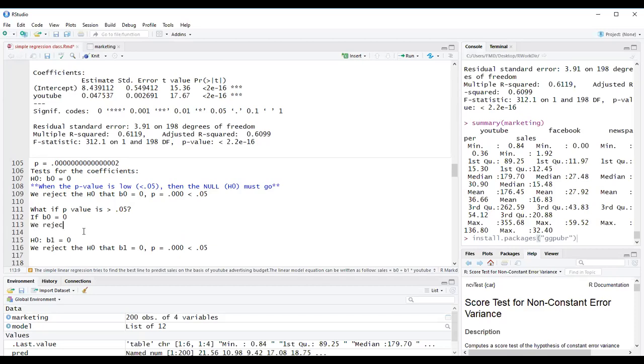We fail to reject the null hypothesis that b sub 0 is equal to 0. Okay, there's no strong statistical reason to believe that your intercept, your b sub 0, is not equal to 0. However, guys, in practice, b sub 0 is 0.